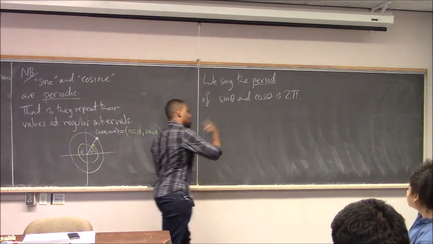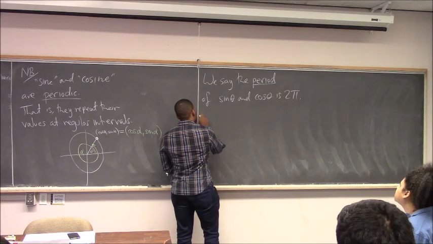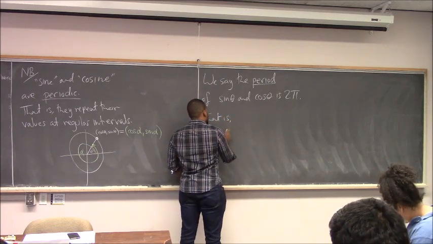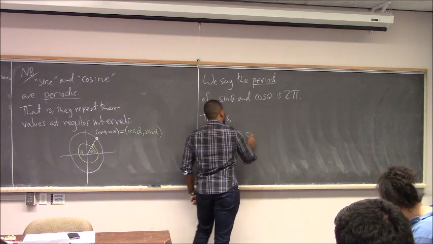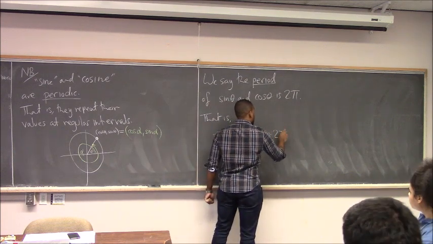That is, every time you increase your angle by 2 pi, you start getting the same values again. Sine of an angle is always the same as sine of that angle plus 2 pi.